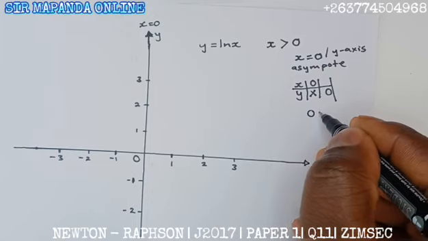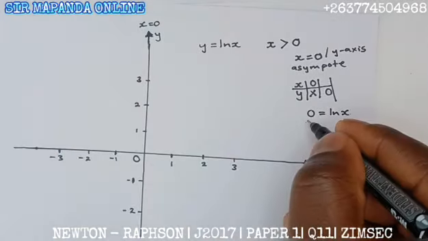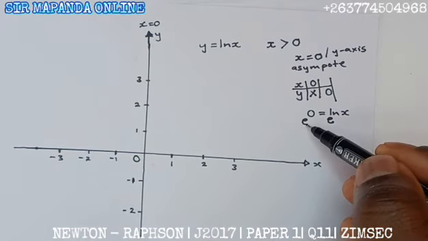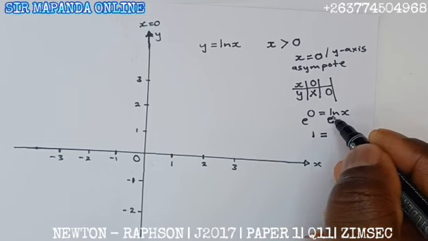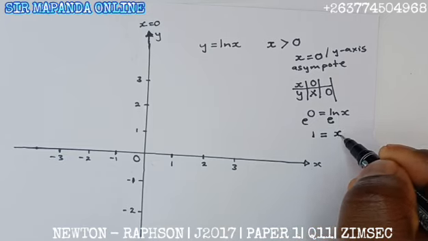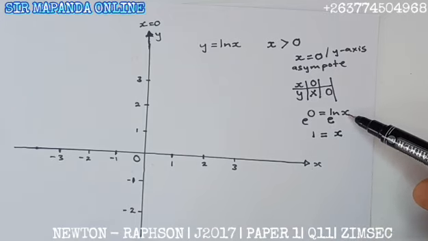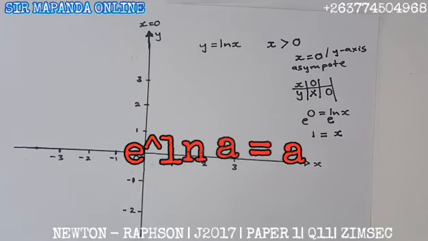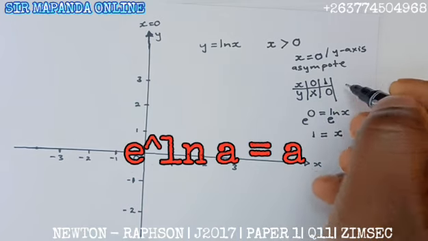You get 0 is equal to ln x. Then introduce exponential on both sides. So e to the power of 0, you get 1. Then e to the power of ln x, you get x. Remember, if an exponential is raised by a ln, the answer is the number or the term in front of the ln. So we are saying when y is 0, x is 1.